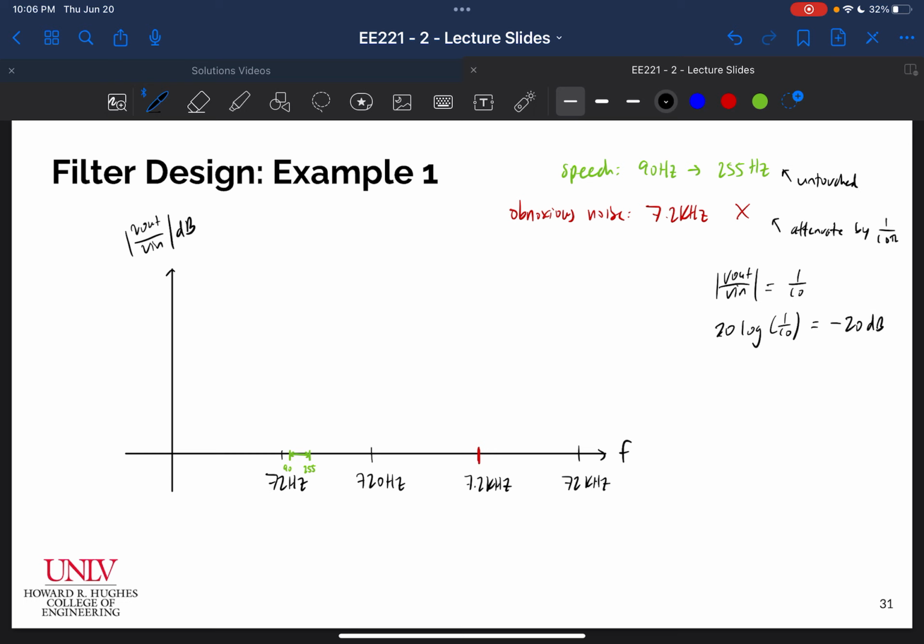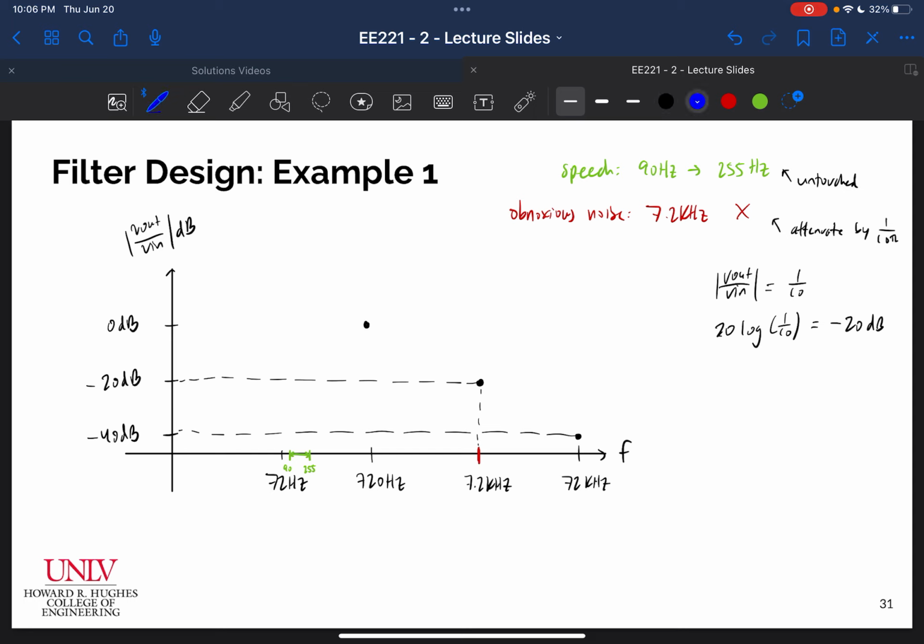So I basically am saying that I want my frequency response to be negative 20 dB or lower at 7.2 kilohertz. And that obviously means it would be negative 40 at 72 kilohertz if I design my filter with a 20 dB per decade drop off like we've seen simple filters give us. And that would mean that at 720 hertz, I would be at 0 dB, which basically means I would be passing that signal with no attenuation whatsoever.